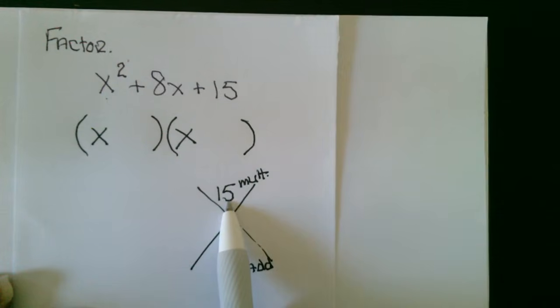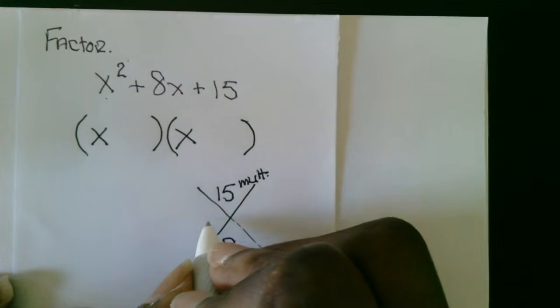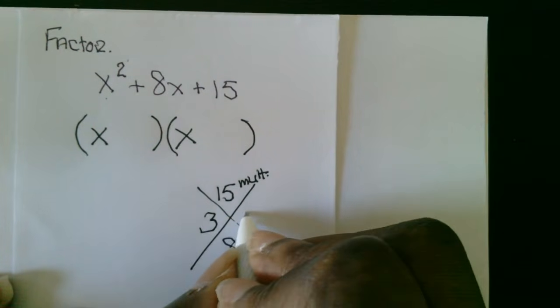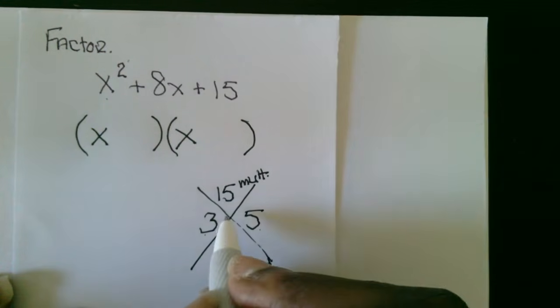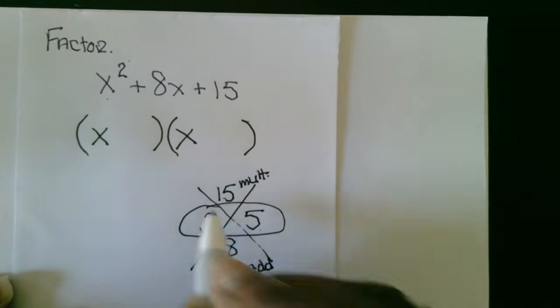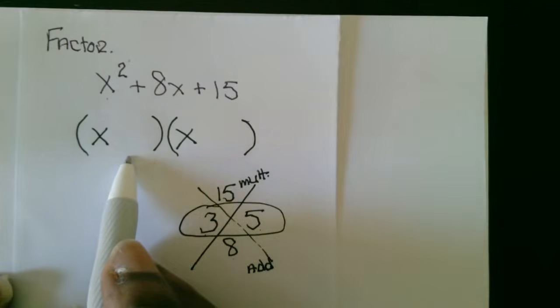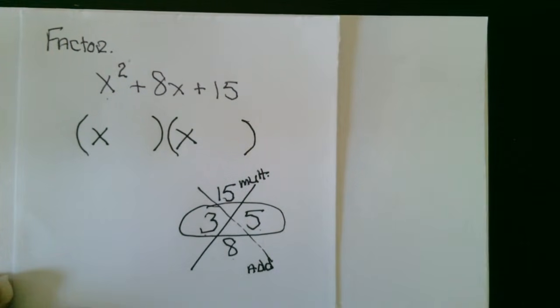So what 2 numbers multiplied together will give me 15 and add together to give me 8? We have 3 times 5 gives me 15, and 3 plus 5 gives me 8. These two numbers are going to be the completion of our two factors.